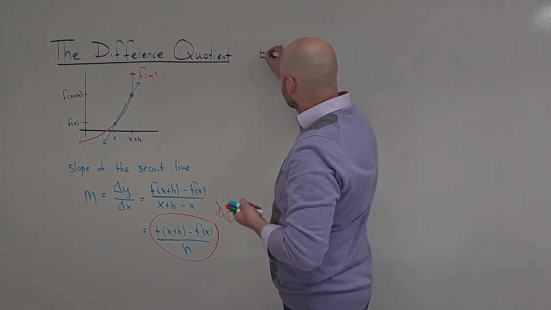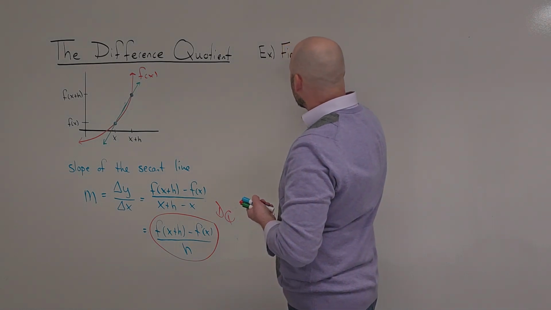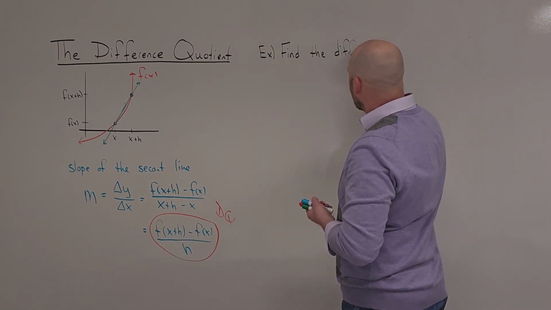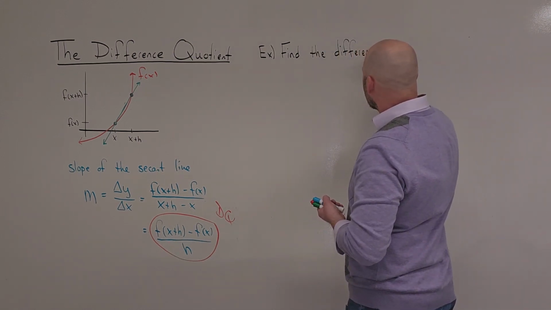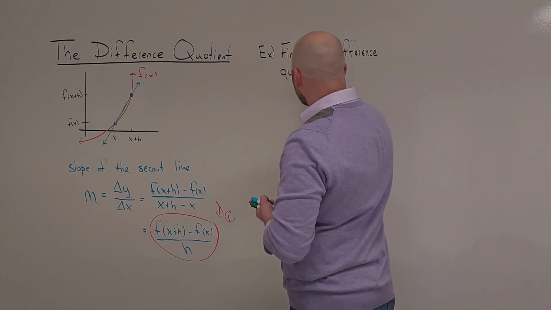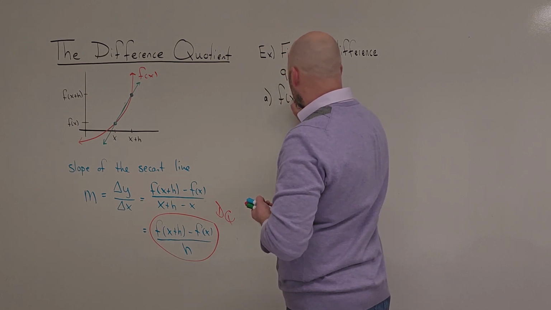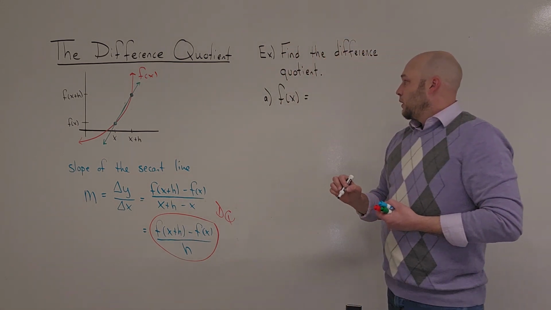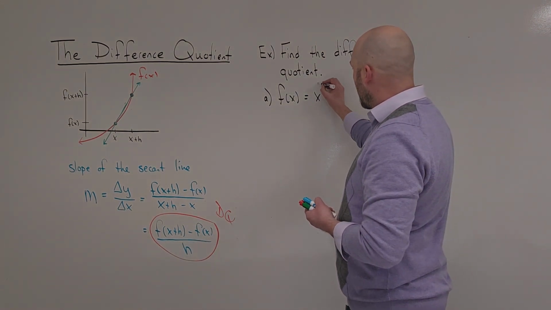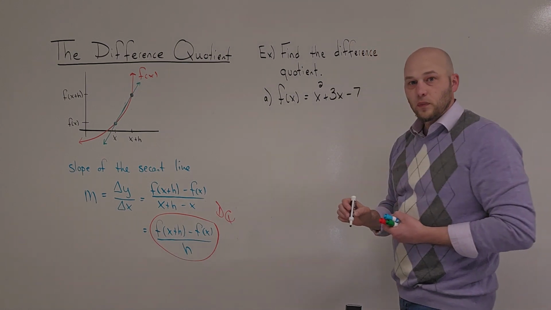For example, find the difference quotient. Part A, let's start with a quadratic function. Let's start with x squared plus 3x minus 7.